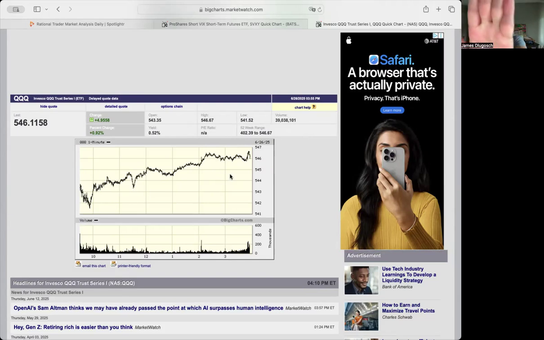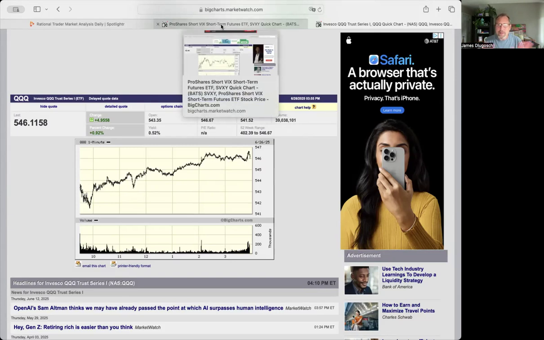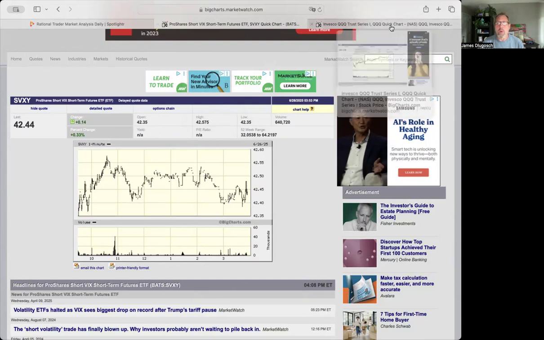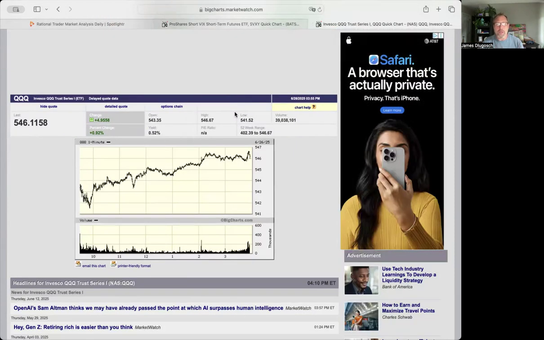I'm trying to hold up my camera, so you can't see what happened after the first 30 minutes of trading. But even if you assume I got in at just below 544 and exited the trade around 546, you're looking at 35 basis points basically. And that outcome was highly, highly, highly uncertain. So it really was a smart pivot to that volatility arbitrage and away from the arbitrage that existed in the QQQ.